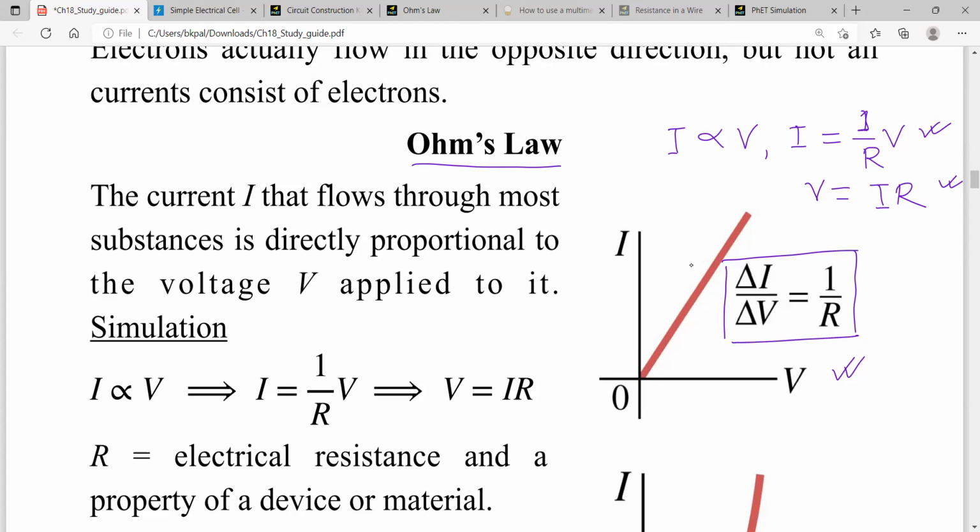So in the I versus V graph, the slope is 1 over R, but if we do V versus I, then the slope will be just R. So don't confuse this. In some textbooks they use this; here in this textbook we use this.